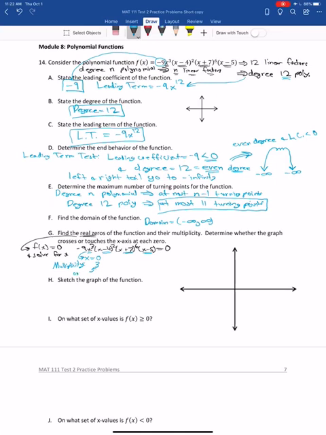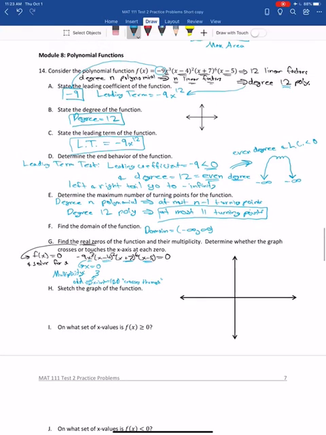Now, since it's odd, since that factor is used 3 times, at the x-intercept point, which is going to be (0, 0), the graph crosses through. So it either crosses through or it just touches and bounces off. That's with odd multiplicities. With even, it touches and bounces off; we call it tangent at that point.